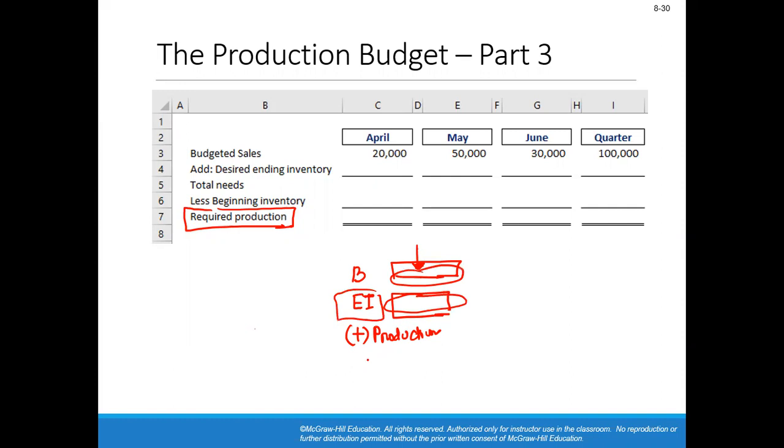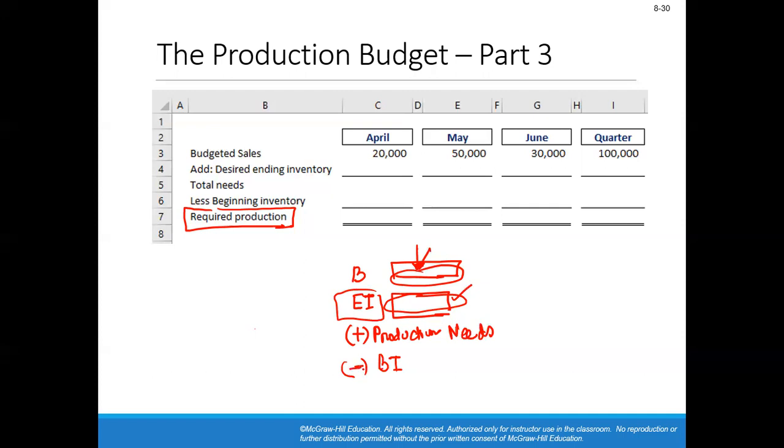And you see that, in this way, for having the ending inventory in each month, I will also have some beginning inventory from the previous month. So this is the total production need, the sales plus the ending inventory.